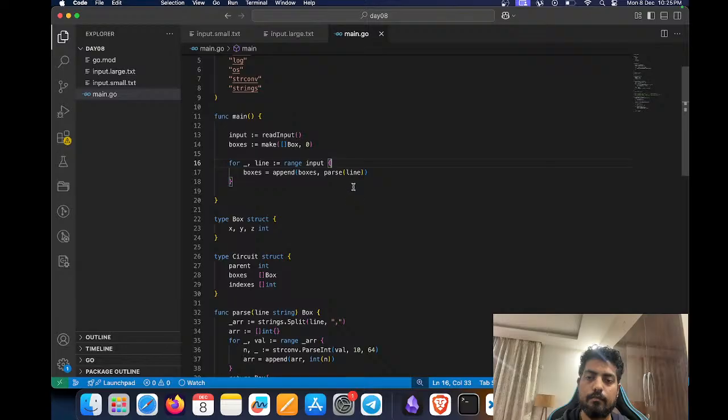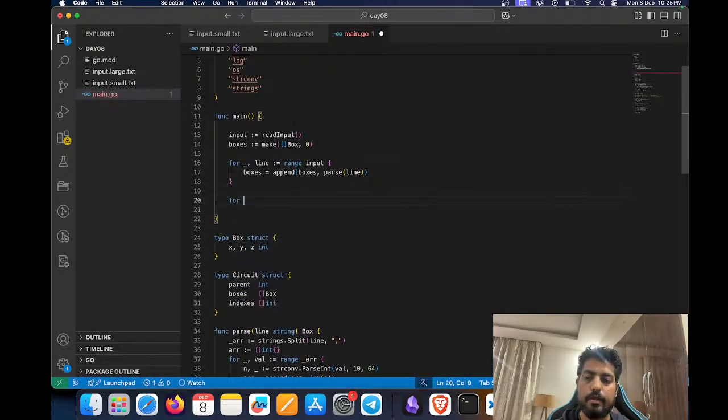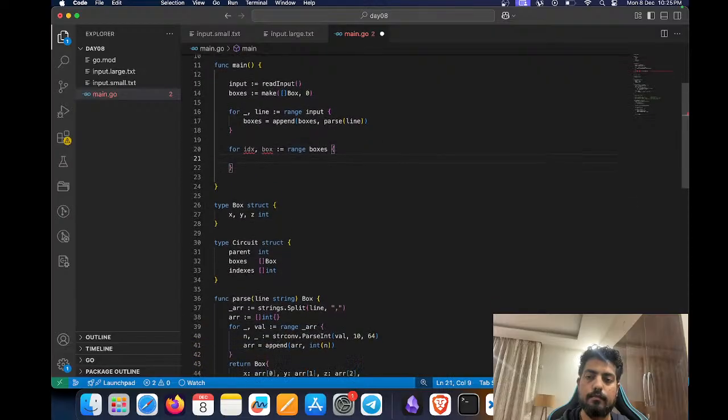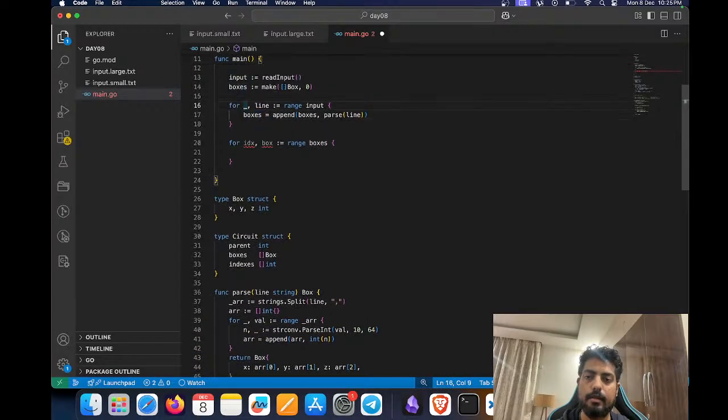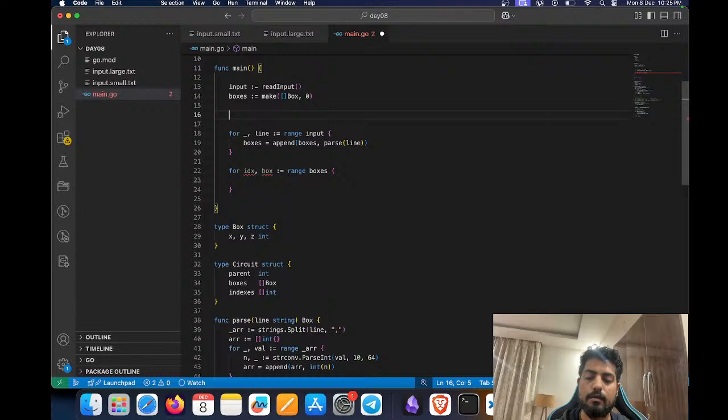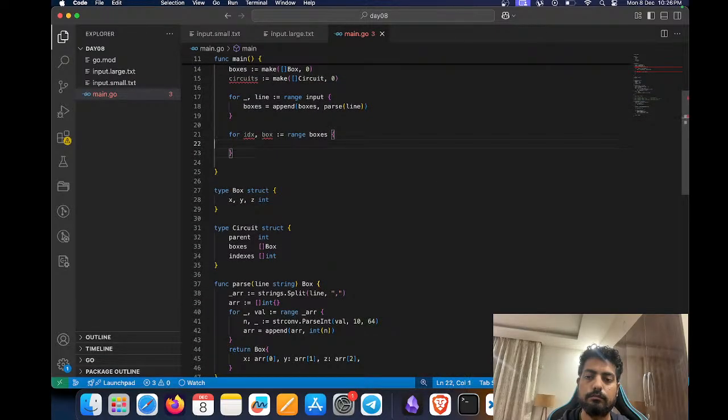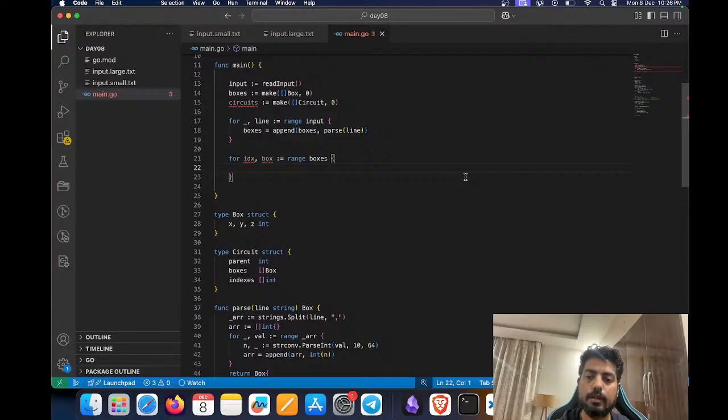In fact, what we can do here is for index, box in range boxes. Now we have another array which is an array of circuits. We have circuits. So for each box, we'll convert it to a circuit.